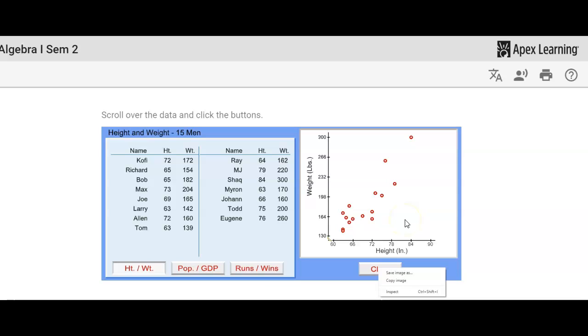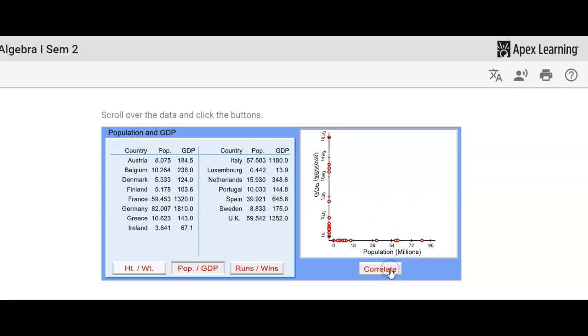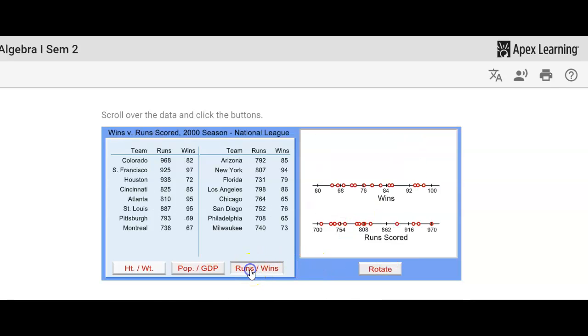Now, what we look for is, is there a pattern with the data? Do the points line up in a linear fashion, a quadratic fashion? Which way do they line up? So when I look at height and weight, then I compare population versus GDP. If I go here, you look at that, it looks closer to a straight line.